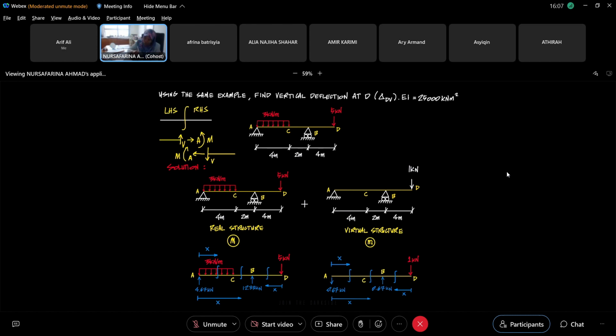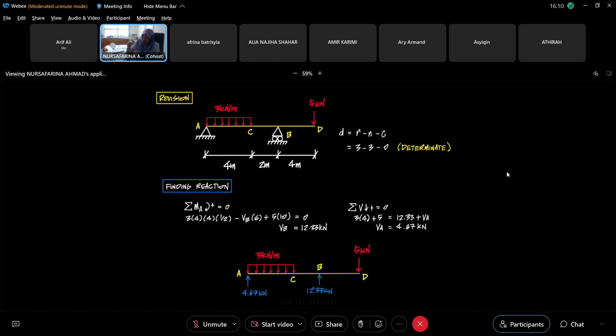I just want to remind you, your summation direction for taking moment is up to you. If you say that counterclockwise is positive, then take counterclockwise as positive from the start to the end.